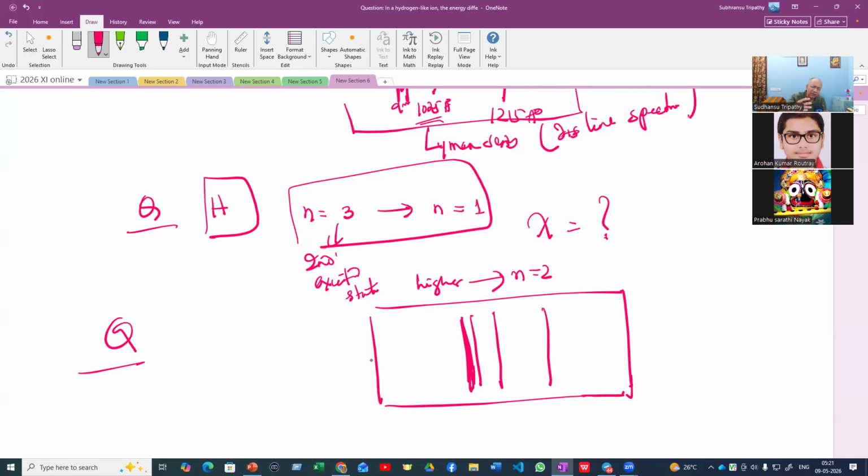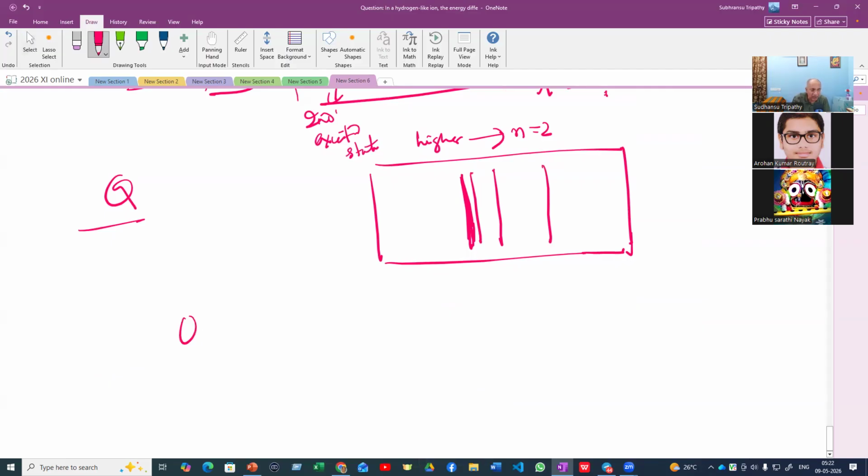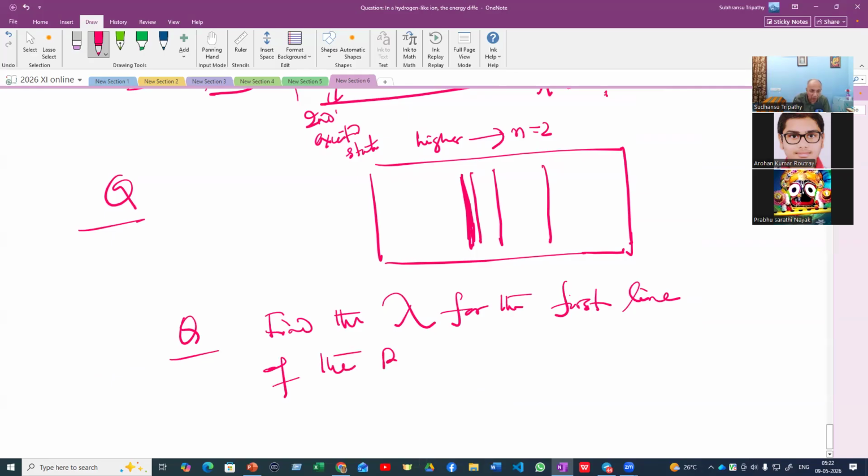All possibilities happen. Some are transiting from higher cells to the first cell directly. Some will be transiting from different higher cells to the second cell. Some others will be transiting from different higher cells to the third cell. That is the Paschen series. So the question is like this: find the lambda for the first line of the Balmer series of the hydrogen atom.